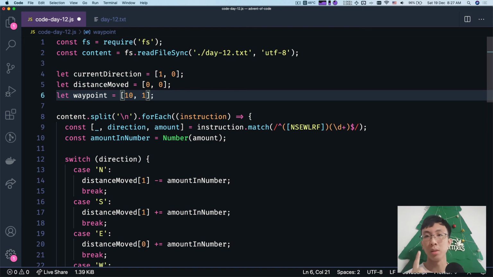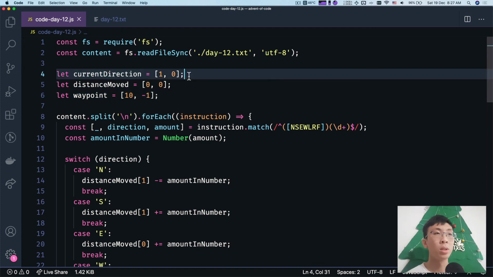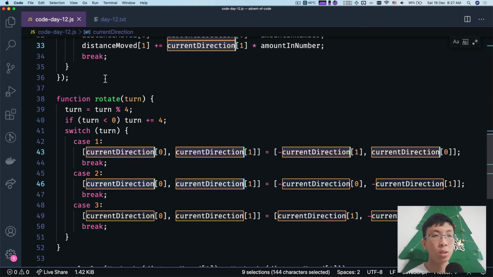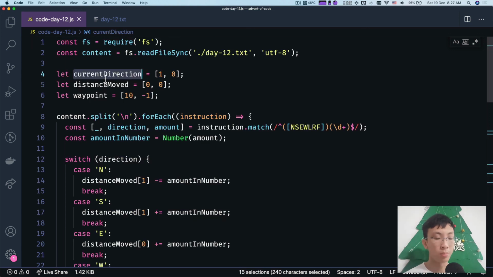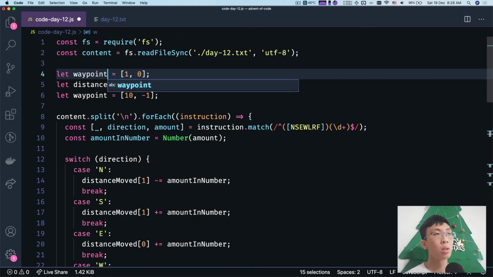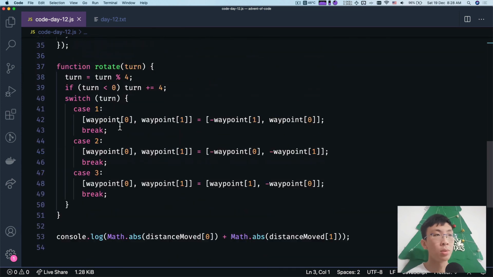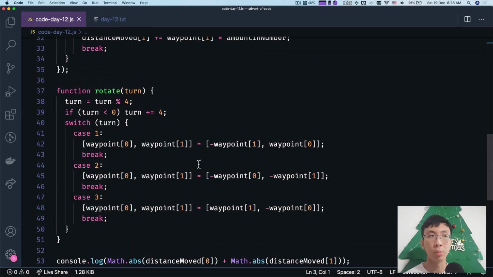So north is negative to me, right? -1. So I think there's no such thing as a current direction anymore. So I'm gonna replace all current direction with waypoint, because the rotation logic still stays the same. We are rotating the waypoint, right?